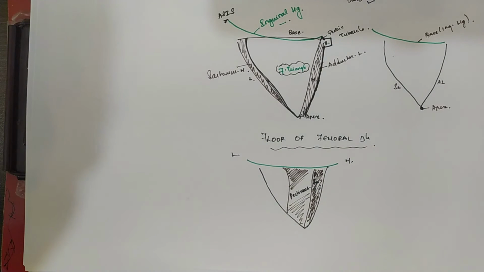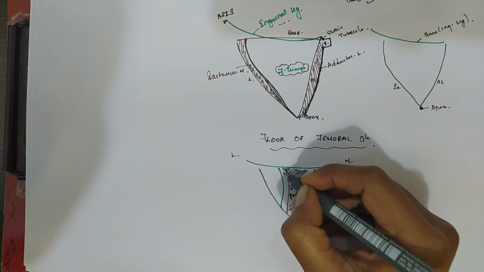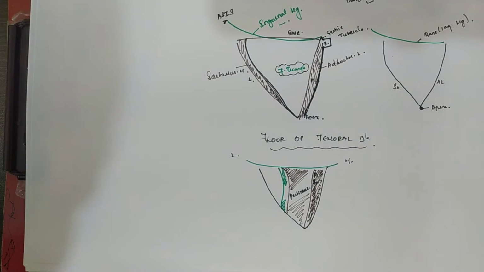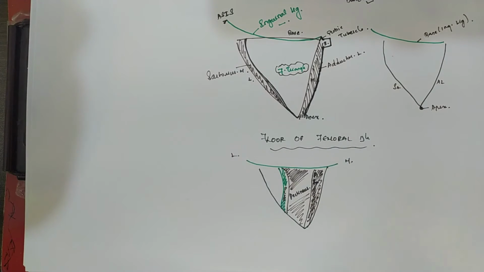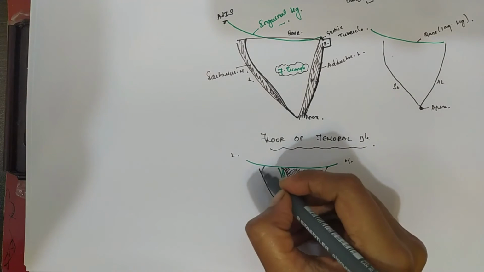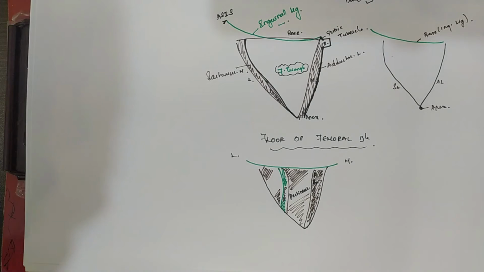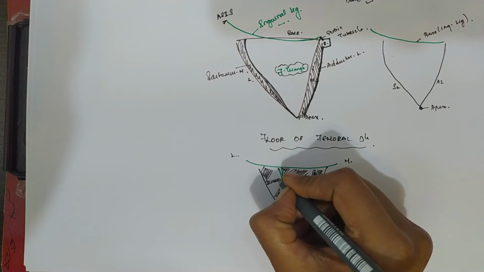Then on the lateral aspect of pectineus, a muscular tendon will be seen, and this is nothing but the psoas tendon. On the lateral aspect, we have one more muscle, that is the iliacus muscle.